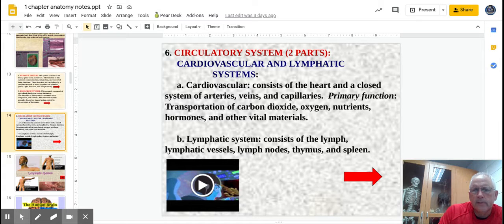The lymphatic system is what we've added. What we found is the lymphatic system, the lymph nodes, your thymus, your spleen, mainly your immune, fighting off infection part of your body, is more closely related to the circulatory system than any other system.